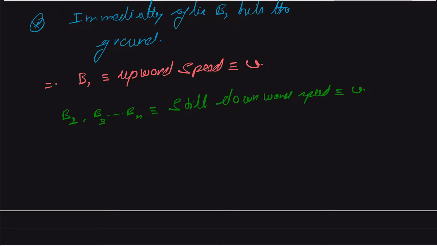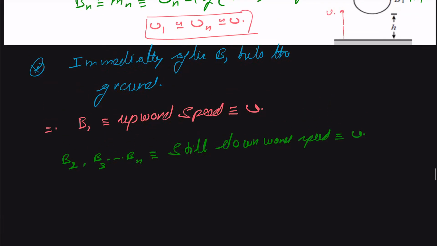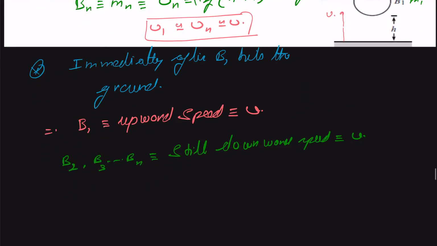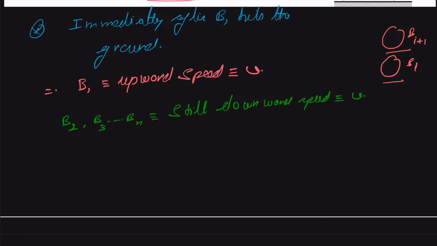For the sake of convenience, let us generalize these balls. The lower one we are going to call bi, and on top of it we call bi plus 1. So we generalize it with respect to bi and bi plus 1, so we can apply it to any of the balls.